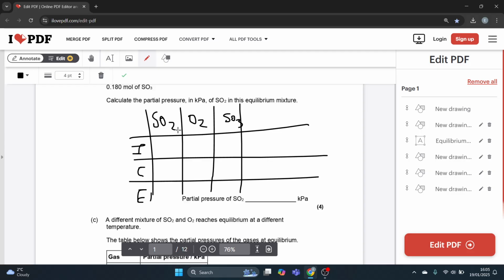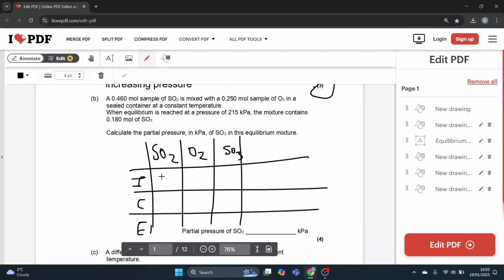I stands for initial moles, C is changing moles, E is equilibrium moles. So initially I've got 0.460 of this, 0.250 of this, and obviously SO3 is initially 0.